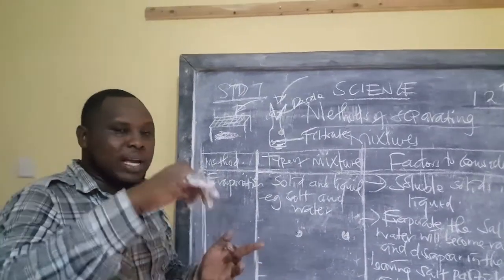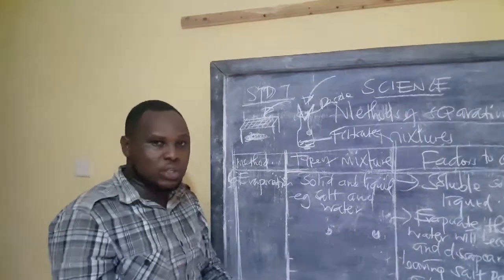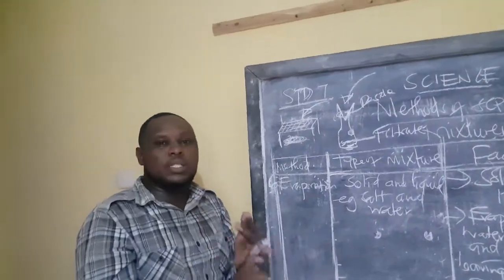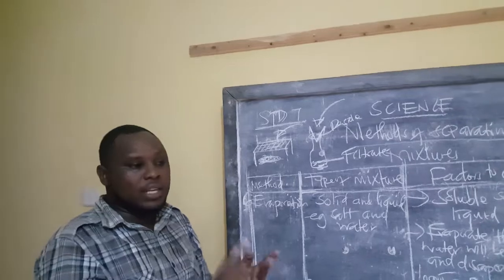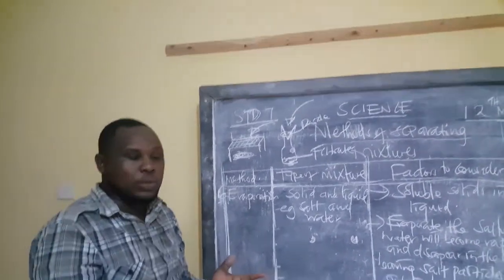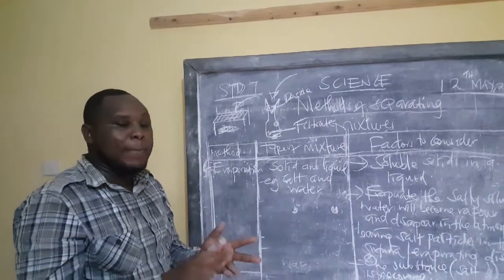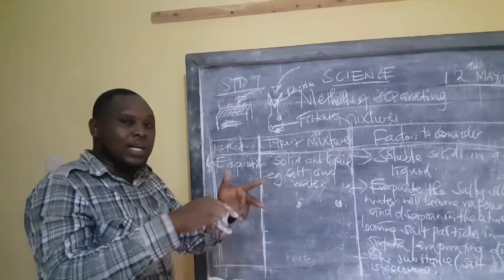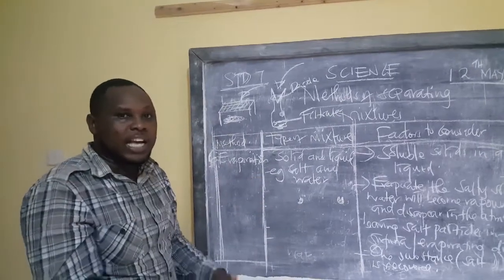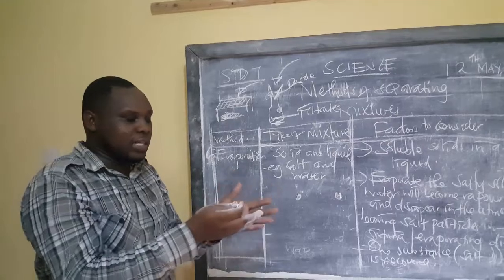So we pick the bigger materials and we remain with the small materials on the other side. Then we looked at sieving as a method, and in sieving we also consider the size of the materials. These materials are supposed to be solid materials. So the smaller ones go down the sieve and we remain with the bigger materials on the other side of the sieve. So that is sieving.